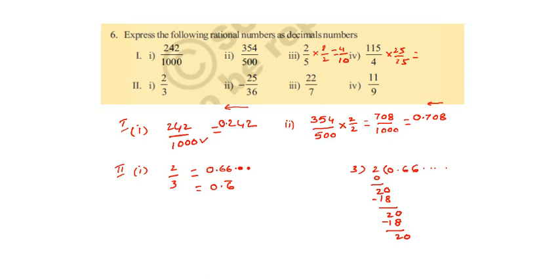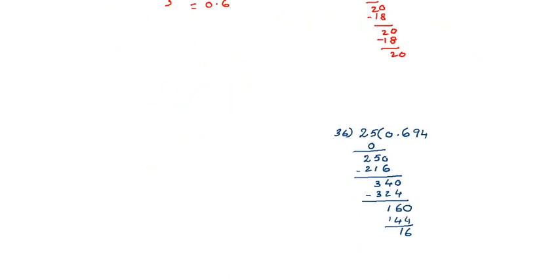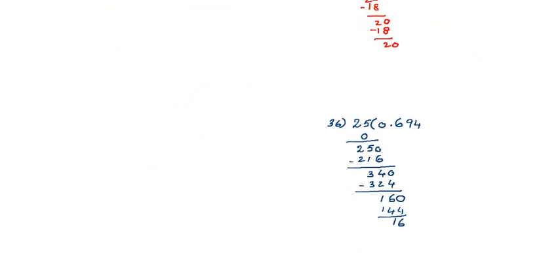You may go to the next page to do the minus 25 by 36. Look there, minus 25 by 36. Here I already did it. What we get? 0.694.